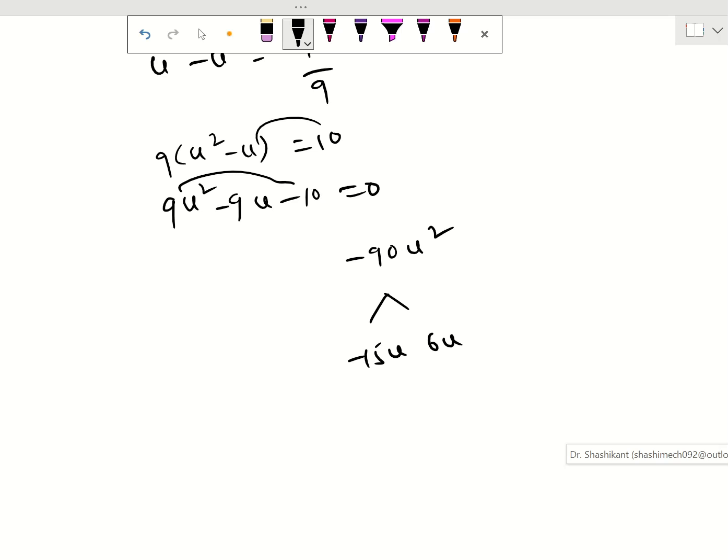If we add these two, minus 15u plus 6u, the middle term will be minus 9u. So 9u square, the same thing I am writing here.